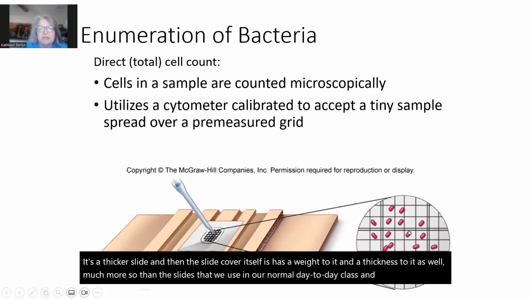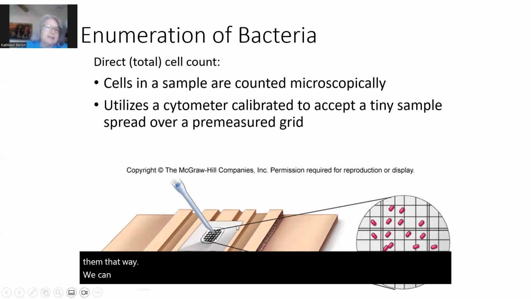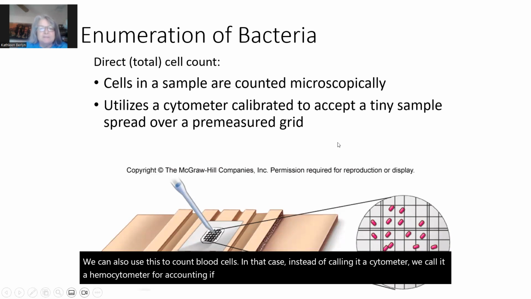There's a grid that the bacteria will be on, and you can then count the cells in the grid and count them that way. We can also use this to count blood cells. In that case, instead of just calling it a cytometer, we call it a hemocytometer if we're counting blood cells.